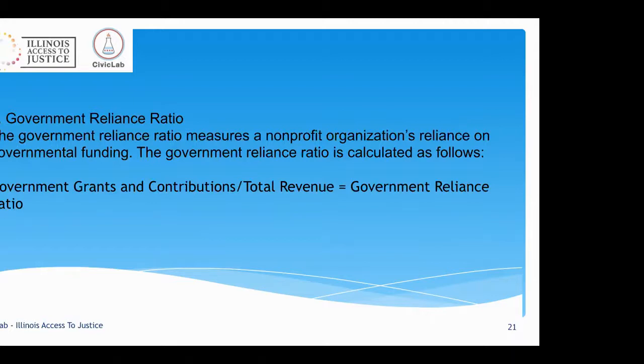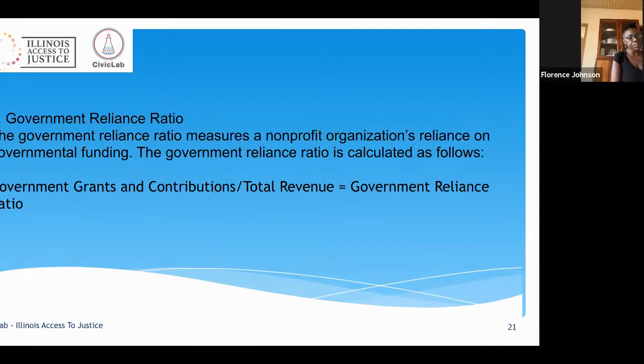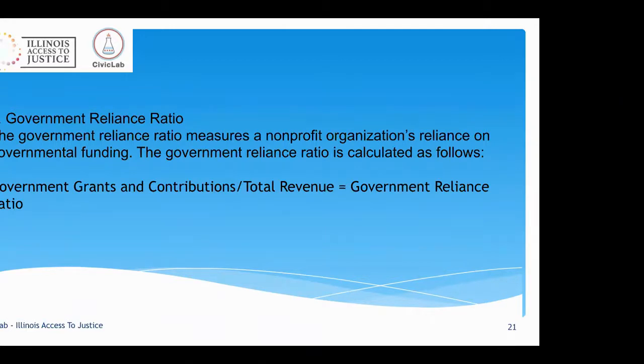Then the government reliance ratio is very important in this day and time when we have really tough government funding, a lot of fiscal challenges with governmental entities. That is simply the ratio of what your overall budget is in this project and how much comes from government grants. And as we talked about, that could have negative cash flow implications.